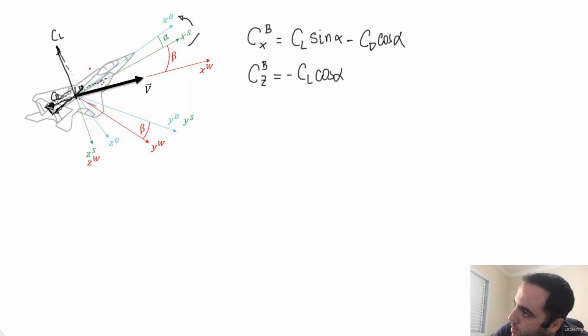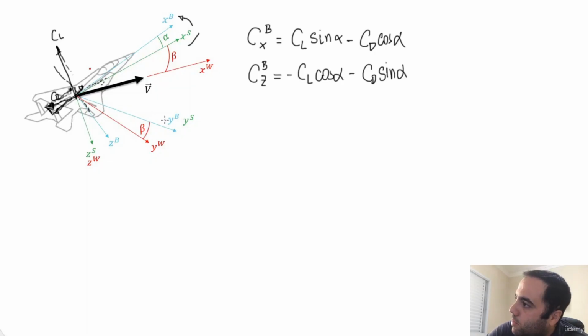Since you see the projection of the CD vector in the Z body axis here is pointing in the opposite side from the positive, so the negative side, so minus CD sine alpha. So this is the first two that we got.